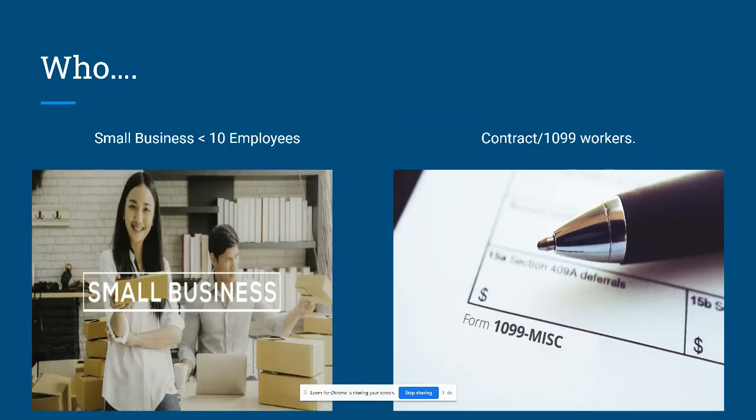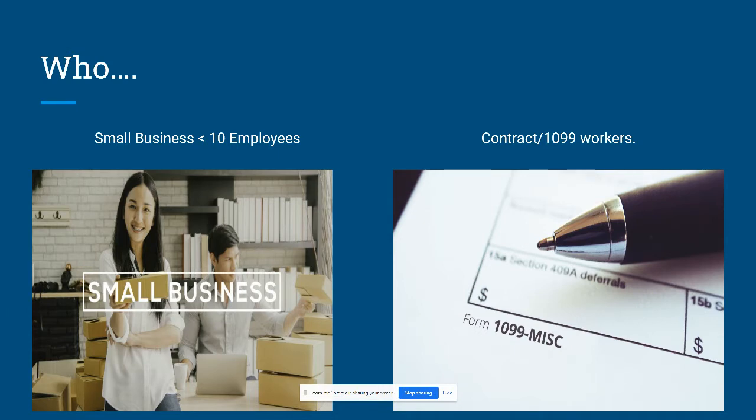Now, who are you calling? You're going to be calling a very isolated few that are highly qualified for U.S. Health Advisors plans, right? These are people in small businesses, typically less than 10 employees, because under 10 employees you don't have access to group plans like you may have had working for a larger corporation.